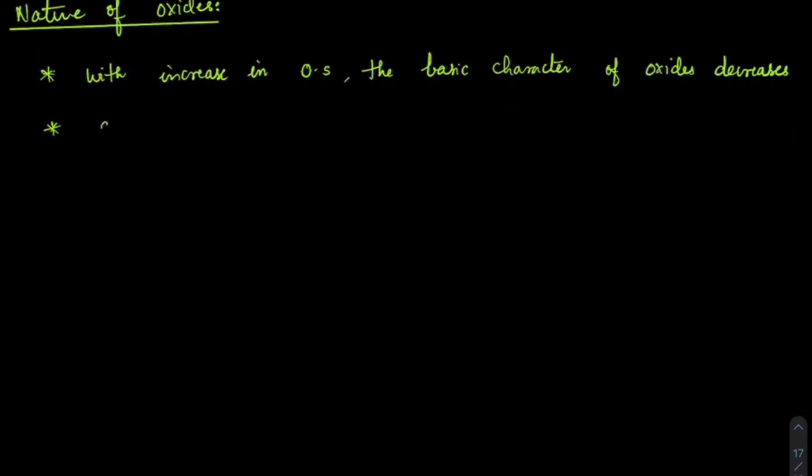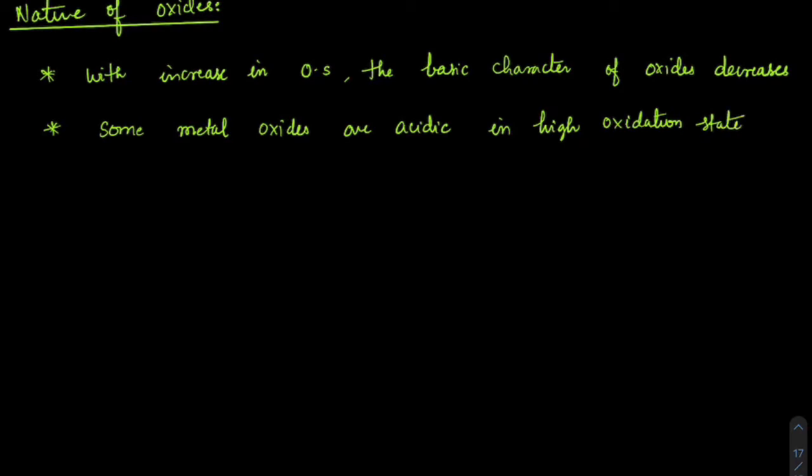Now some metal oxides are acidic in high oxidation states, which means if you take that oxide and add it to water, it will become an acidic solution.